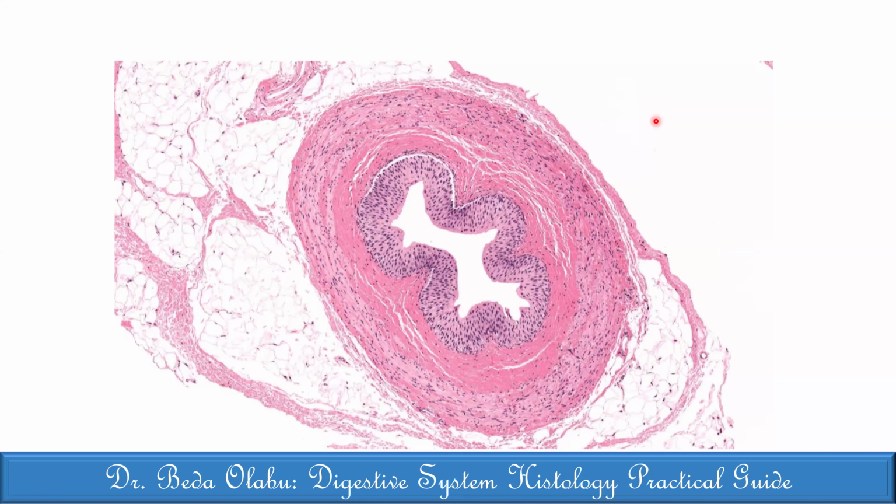Mine might be a bit different because I honestly don't think this is actually in the GIT. The reason I say that is because if you look at the epithelium, I will actually say the epithelium is stratified, and at the apical surface you can see some cells that appear to be very thickened in some sort of way.